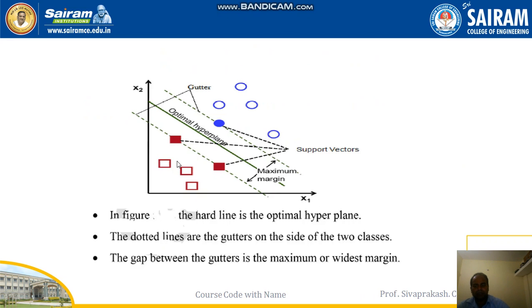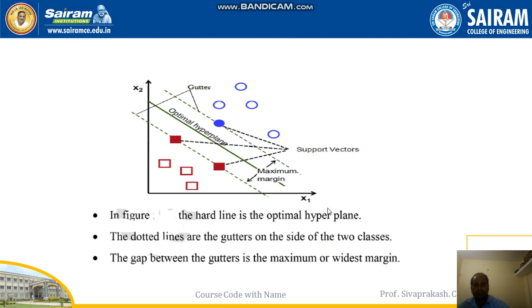In this more detailed diagram, the hard green line is the optimal hyperplane. This hyperplane divides the data set into two parts. The dotted lines are the gutters on the side of the two classes.